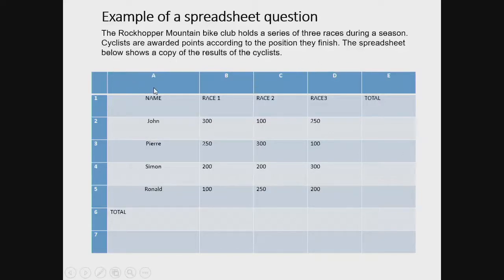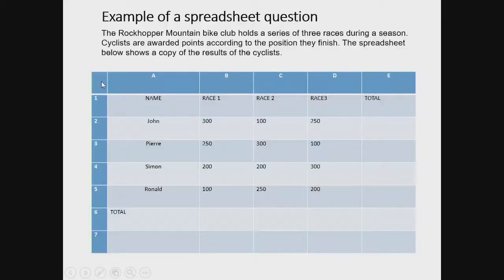Column A, another column, another column. Column A, column B, column C, column D, column E. So we have 5 columns. Let me be specific here: you don't count this one as a column. This is not a column.